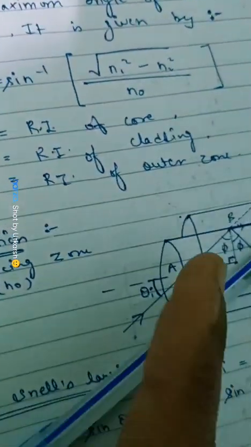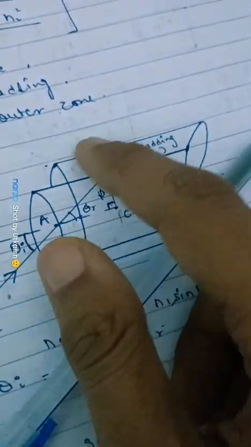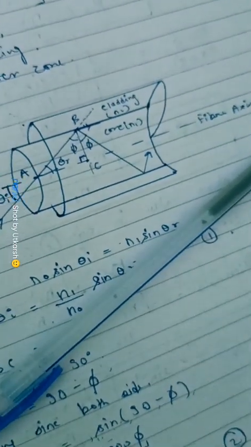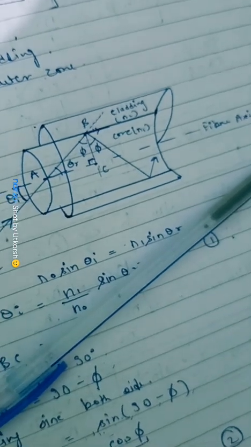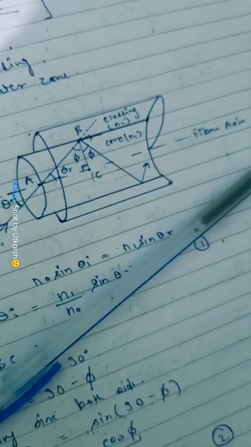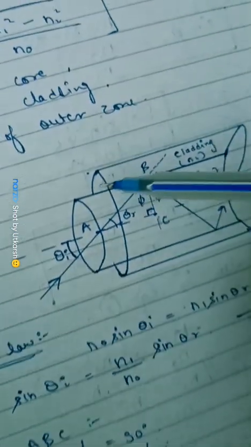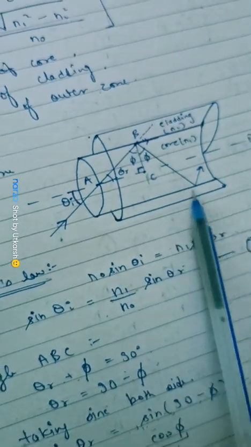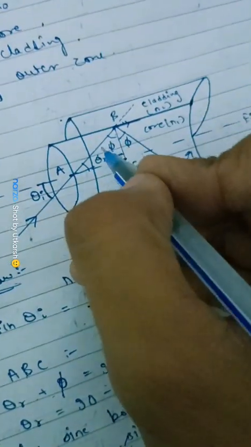Here we have to understand that refraction occurs but absorption also, because we incident the ray at the critical point and it will get absorbed, and after the critical angle it will get TIR, that is, it will get reflected back if we increase the angle.